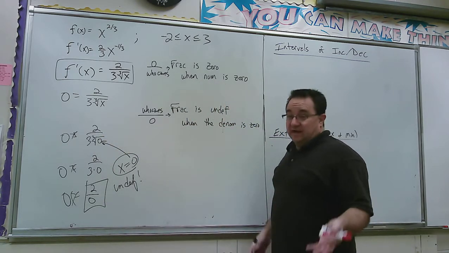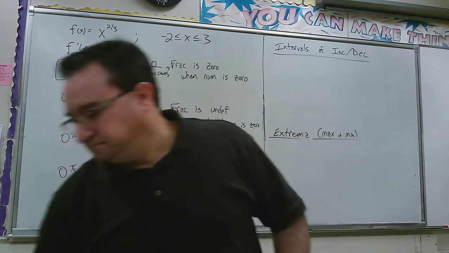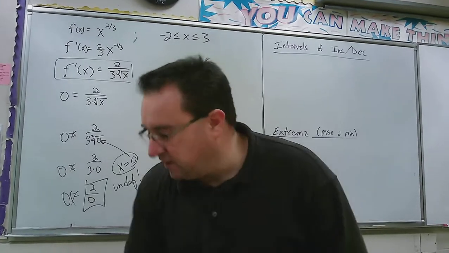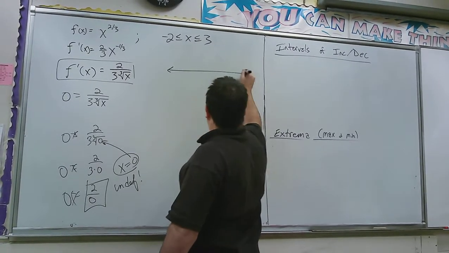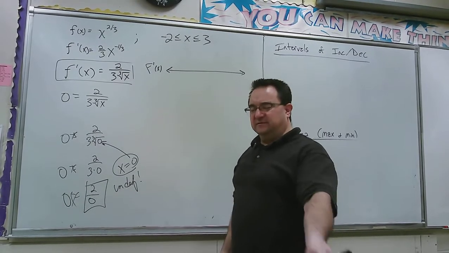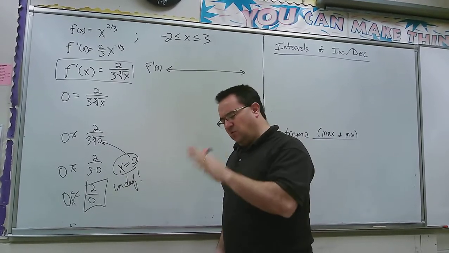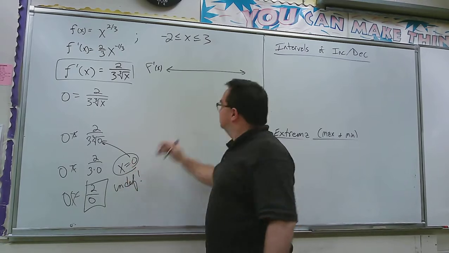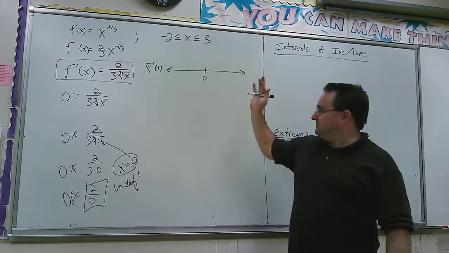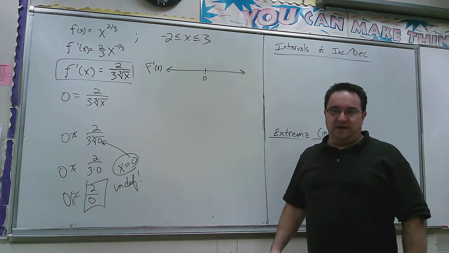So that is, I need that value. So let's make our number line. It's our first derivative number line. And there is only one thing that makes this thing either 0 or undefined, and that is when I plugged 0 in, it made that undefined. So that's the only number that goes on my number line.